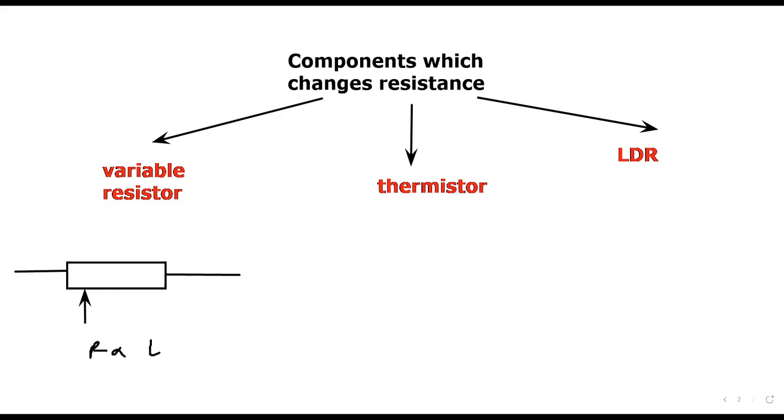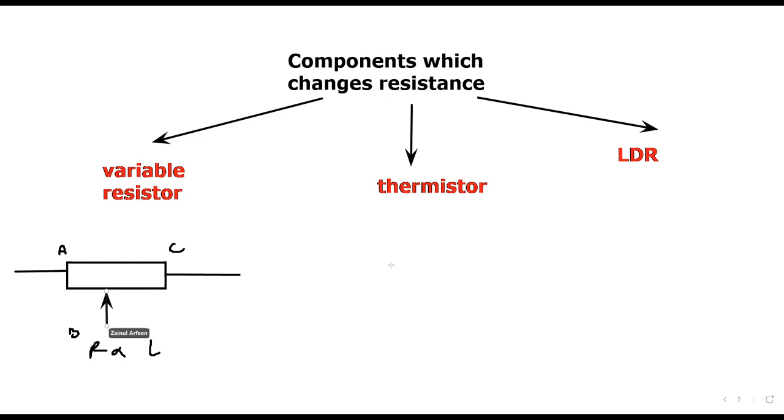If we move the variable part and change the position, the length will change. For example, say we have sides A, B and C, where B is the movable part. If we move the position so the A to B length increases, the resistance for AB will increase, and the resistance between B and C decreases as the length decreases. So by changing the length of a wire, we change the resistance.